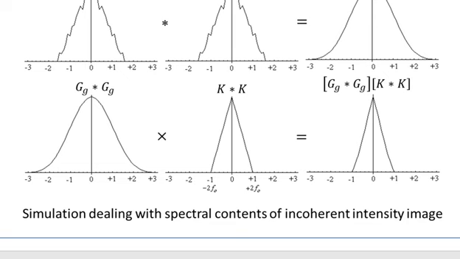And if you multiply the two functions together, you will get a shape that seems more or less triangular on the right hand side in the second row, which is actually the autocorrelation of G multiplied by the autocorrelation of K. So this is the simulation dealing with the spectral contents of the incoherent intensity image.